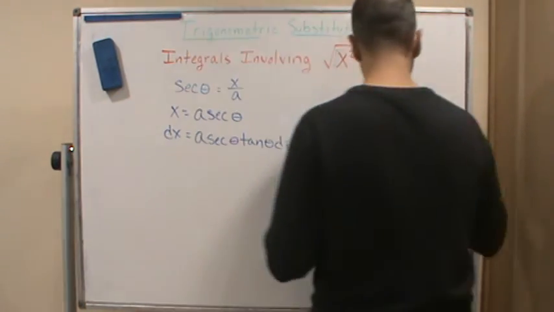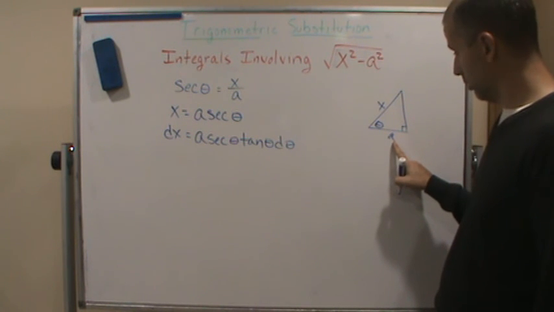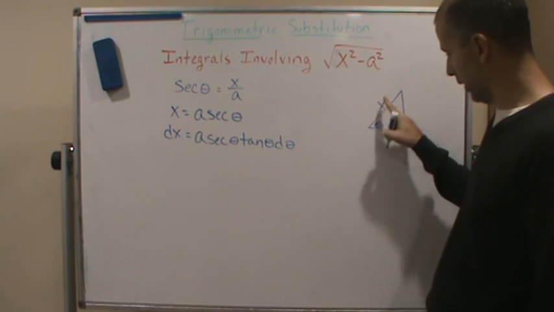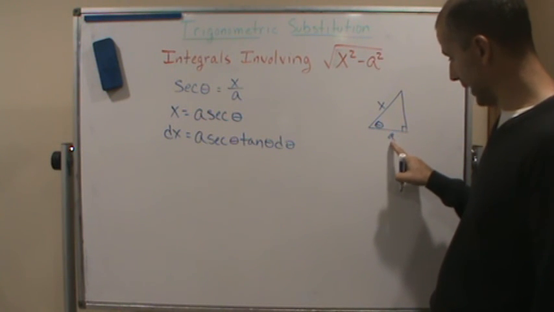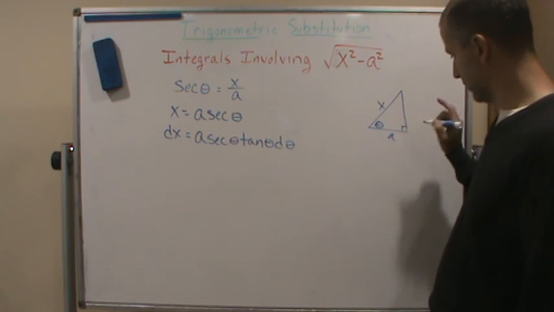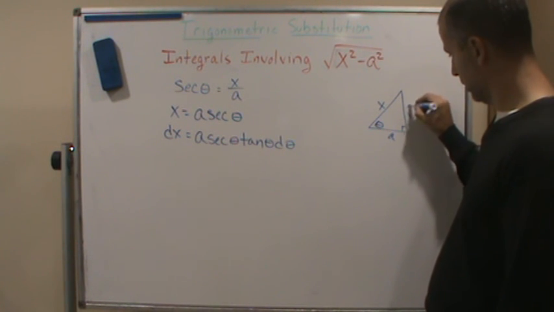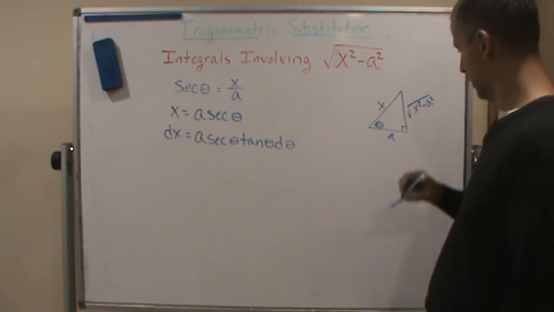Then a squared plus this side squared equals x squared, so you can subtract a squared from x squared, giving us the other side as the square root of x squared minus a squared.